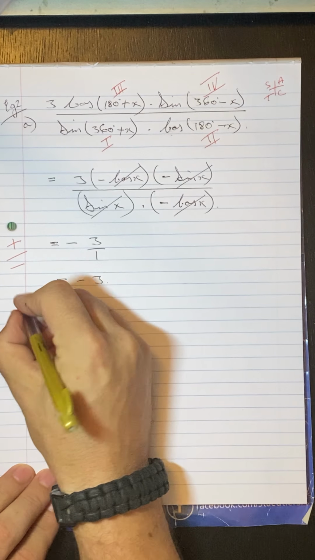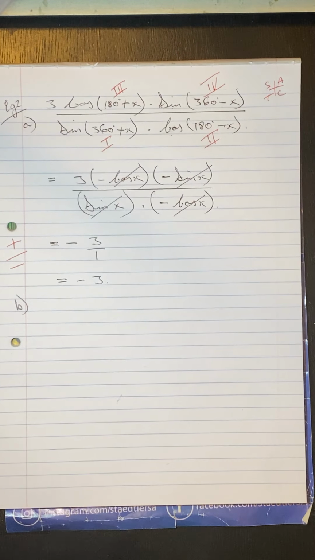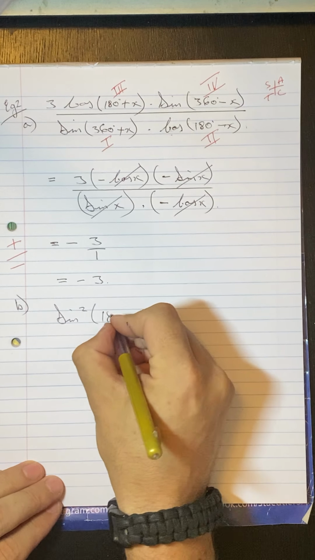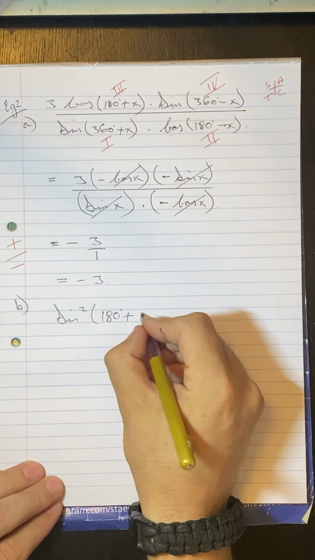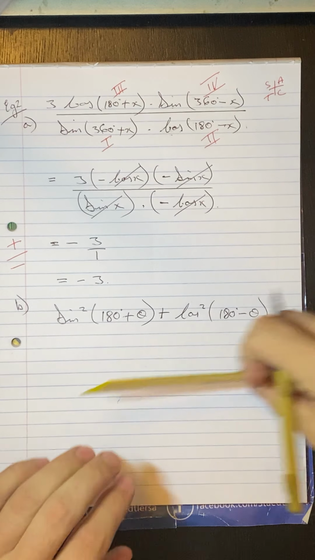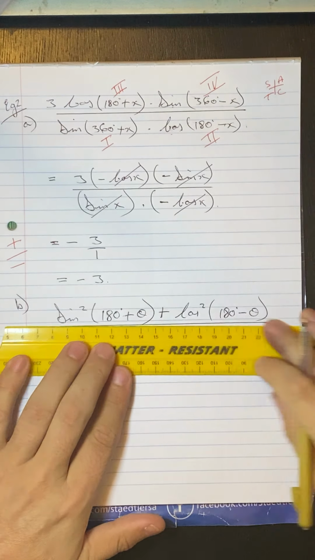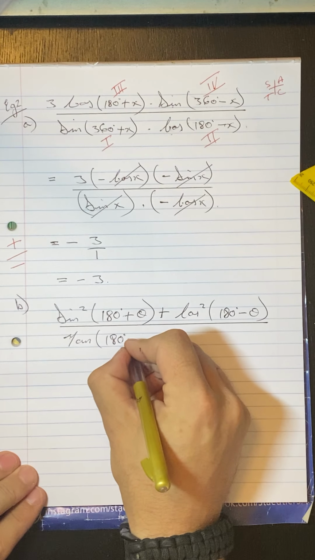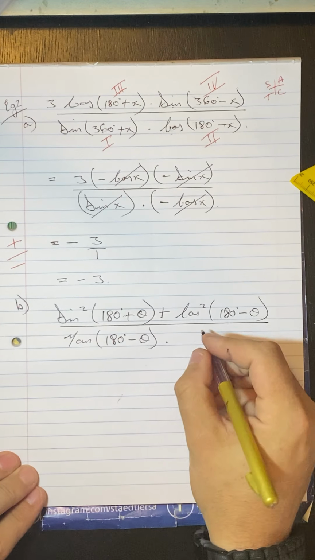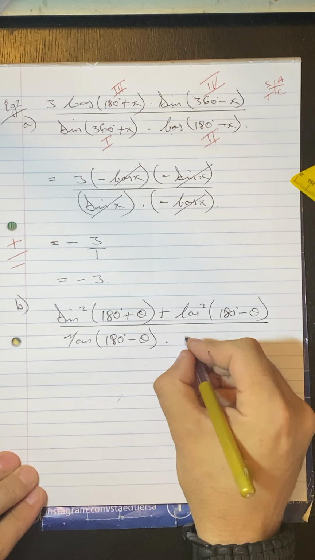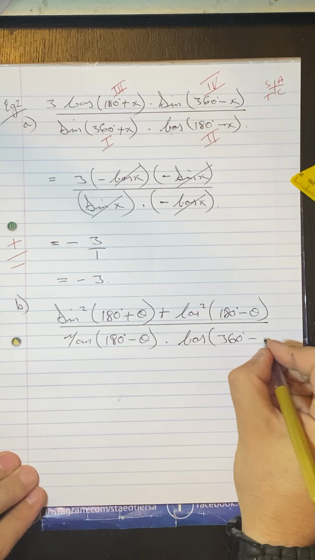If we look at question B, we've got now, let me do it over here, sine squared(180 degrees plus theta) plus cos squared(180 degrees minus theta) over tan(180 degrees minus theta) times by cos(360 degrees minus theta).